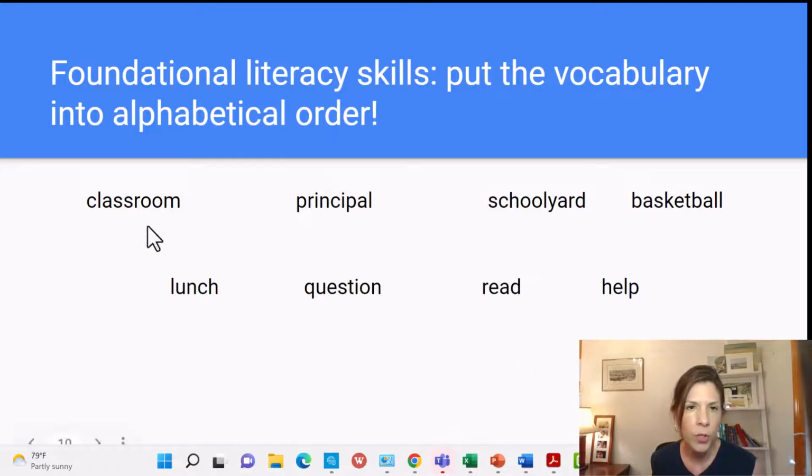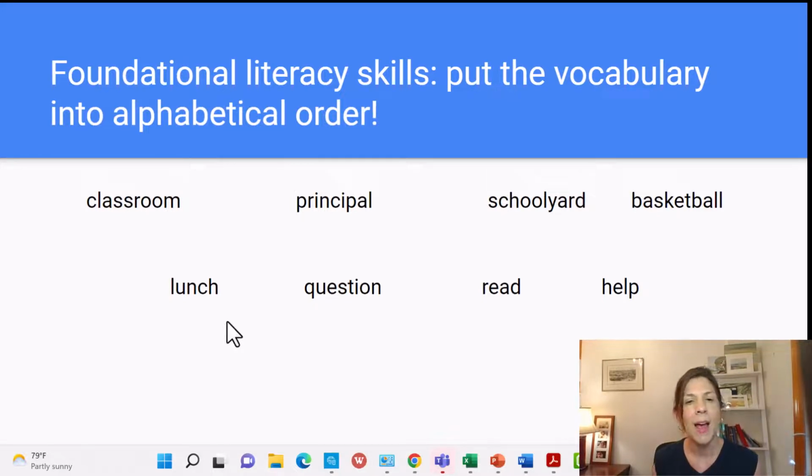But if we're going to just do a generic slide for everybody, you can see that I have the different vocabulary words that I taught them throughout the course of this lesson. Now I want them to put these vocabulary words in order. So obviously they're going to start with basketball, right? And then classroom.